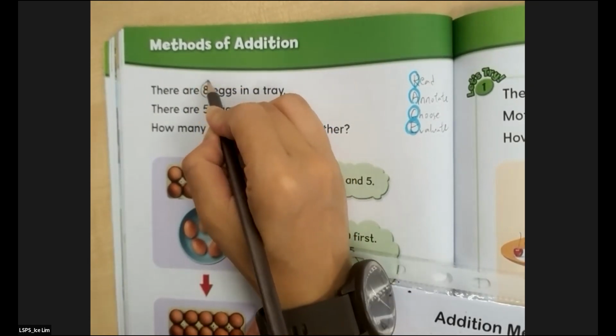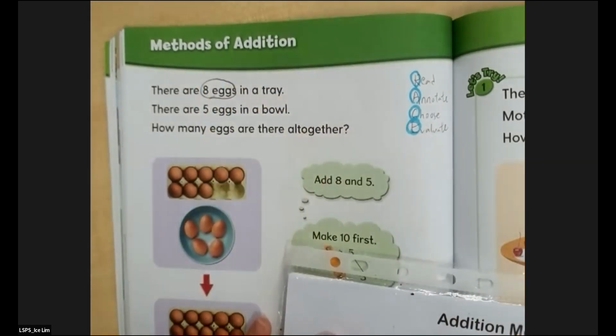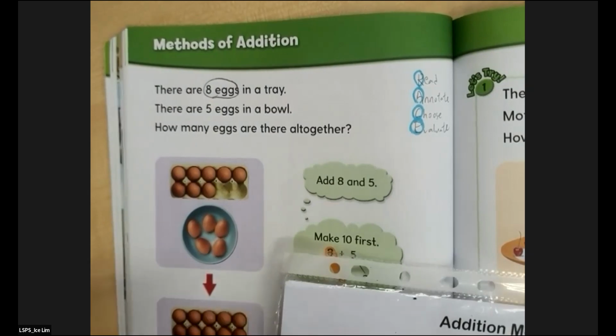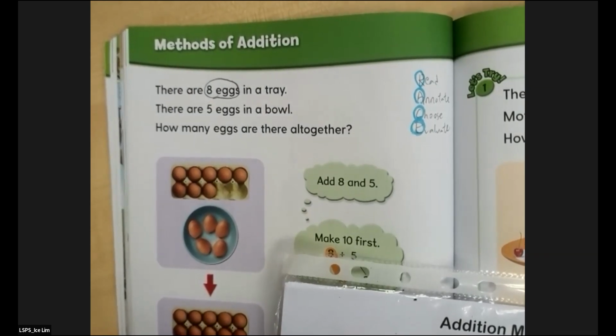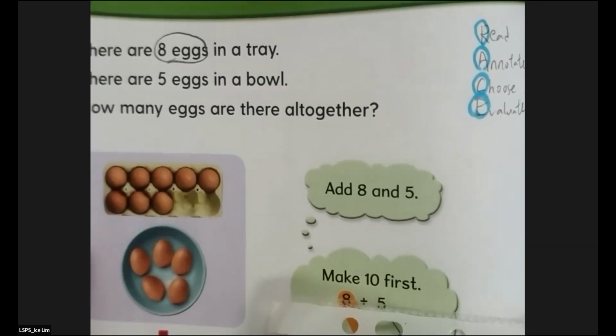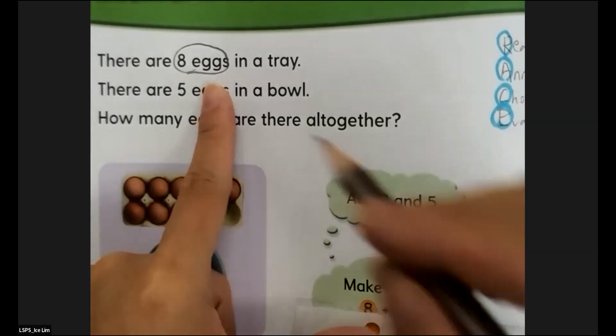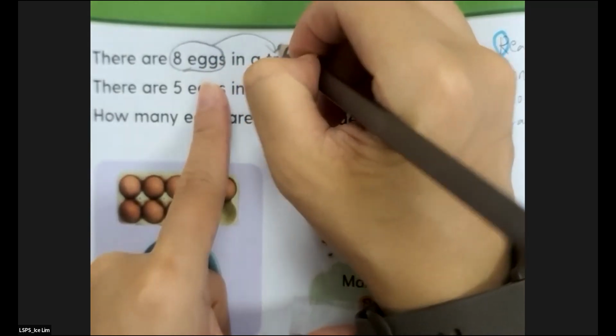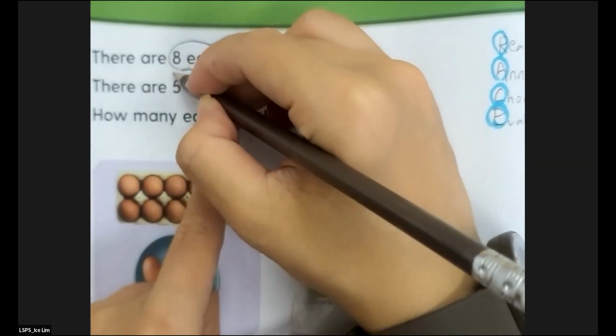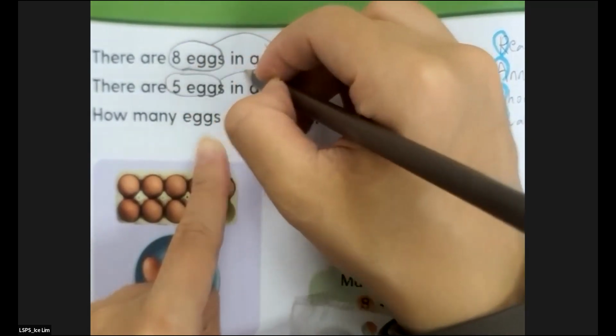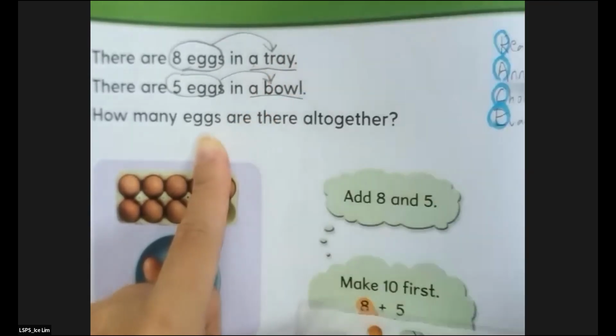Yesterday we already did this. We discussed what some important words are, and we also discussed what these numbers are in the story. For example, yesterday we did 8 eggs. We say these are the ones in the tray. So I circle the number with the eggs and point to where it is in the story.